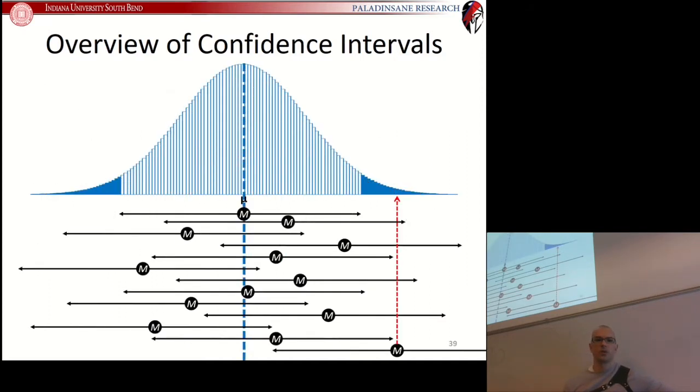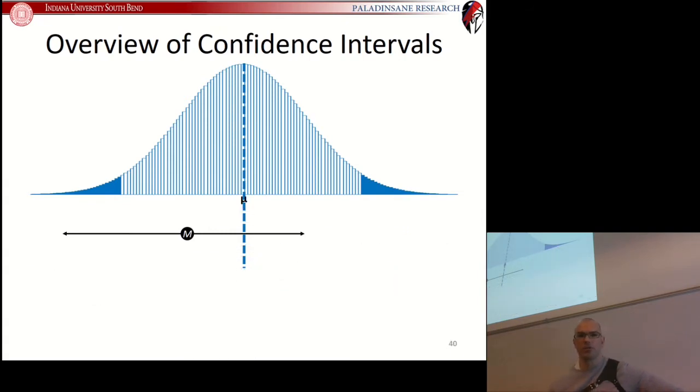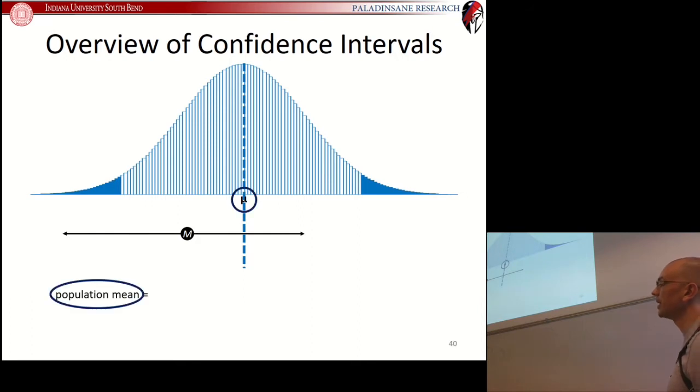All right. So once again, we're back here with our distribution. Let's zone in on one of those confidence intervals right there. We've got the population mean. That's what we're trying to estimate. Population mean equals your sample mean. This is important to remember: your sample mean is your point estimate.